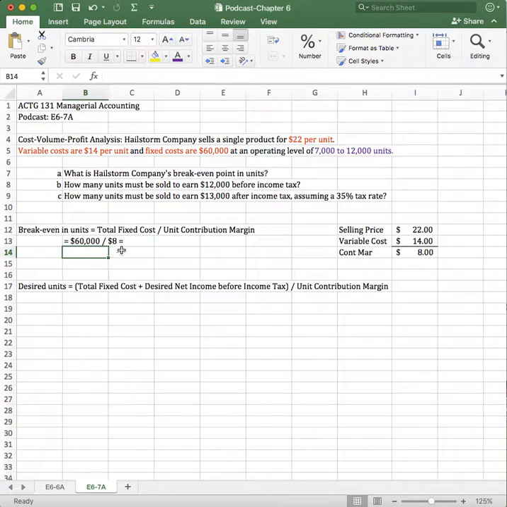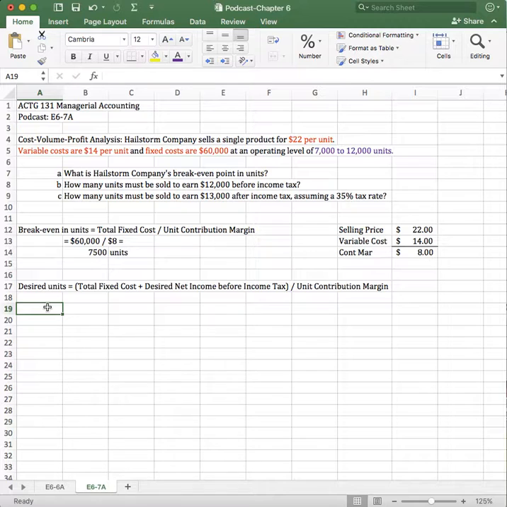Fixed cost divided by contribution margin per unit. Let's calculate it. So 7,500 units is the answer. That's the break even in units with a fixed cost of 60,000 and these other two costs.